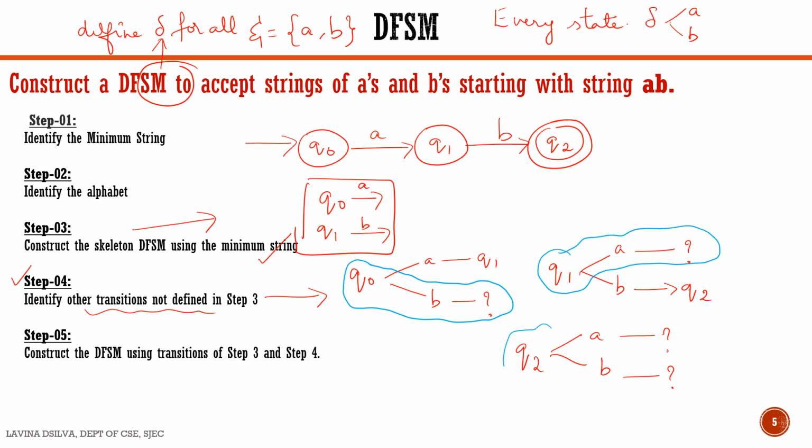And state Q2 on receiving inputs A and B, to which state will it go? So these 4 transitions, along with the skeleton DFSM, complete the final DFSM, and we need to construct the DFSM from steps 3 and 4.